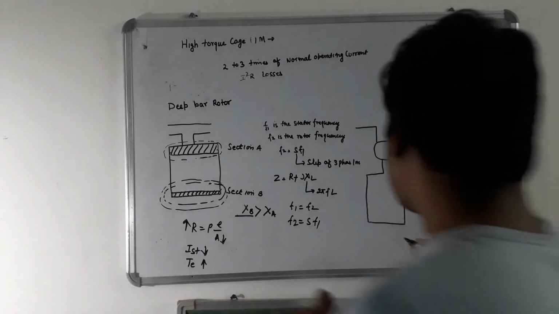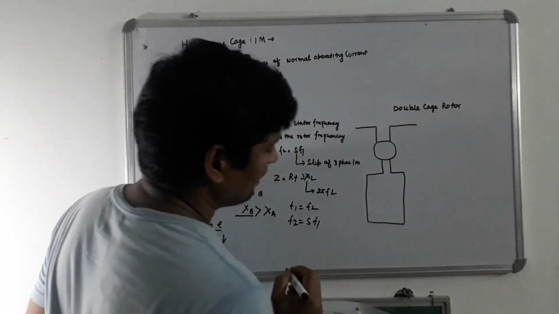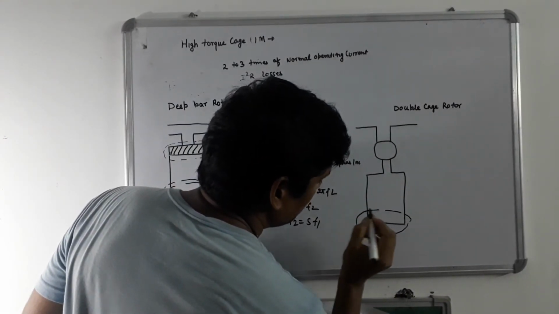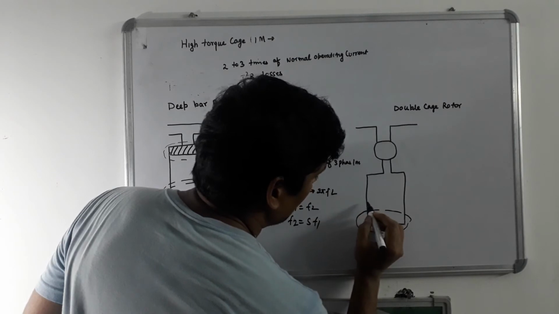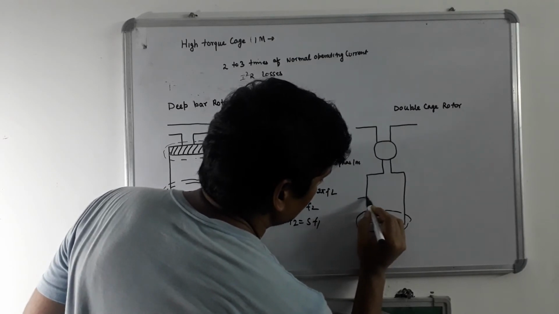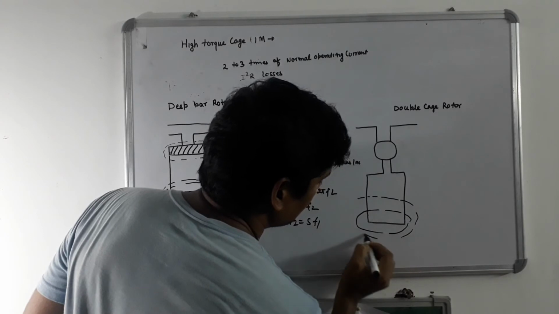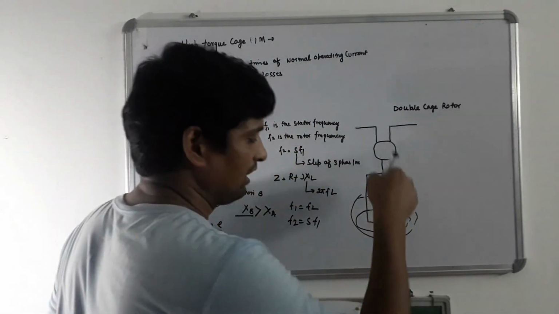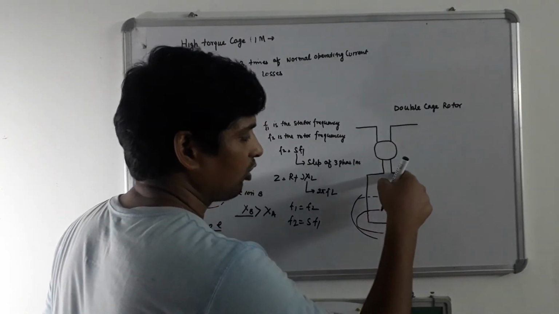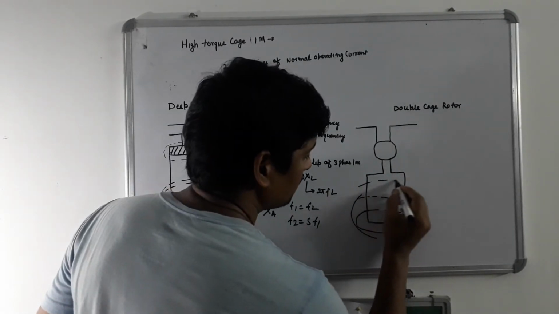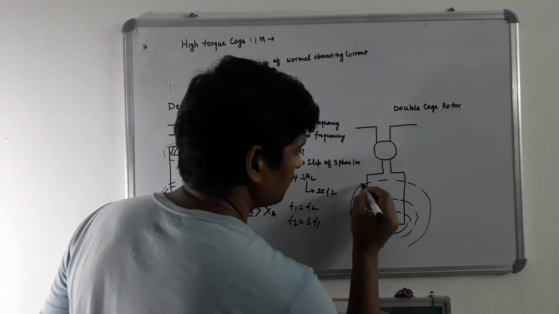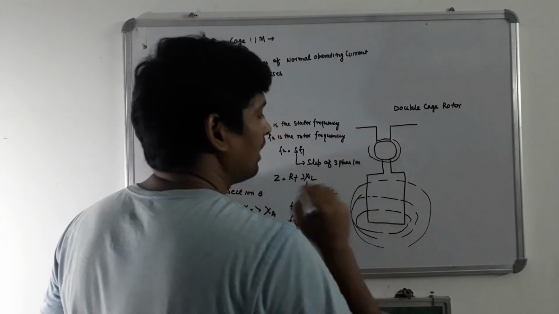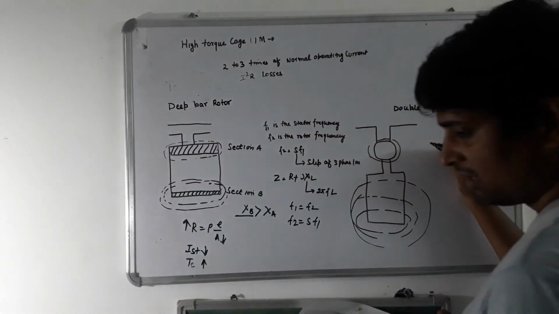The flux linking magnitude increases as we move from top to bottom, with minimum flux linking to the top bar.